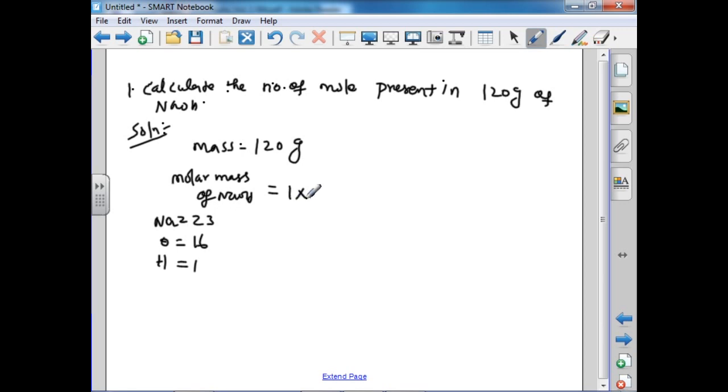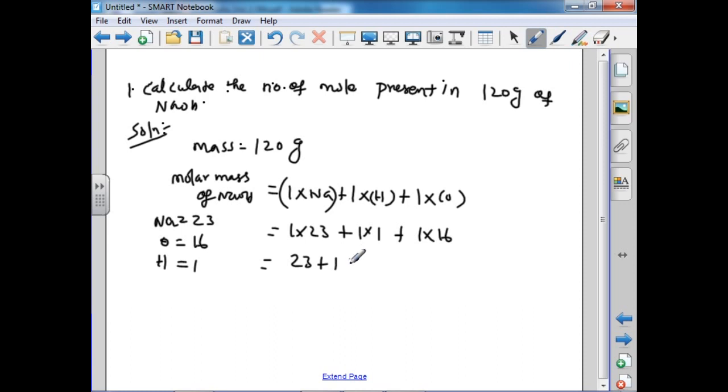So 1 atom of sodium plus 1 atom of hydrogen plus 1 atom of oxygen equal to 1 into 23 plus 1 into 1 plus 1 into 16, equal to 23 plus 1 plus 16 equal to 40 gram mole inverse.